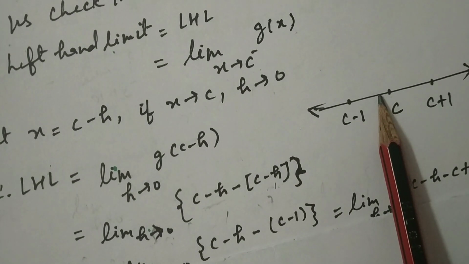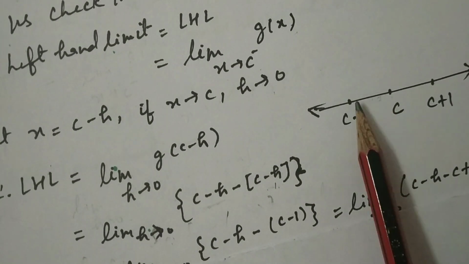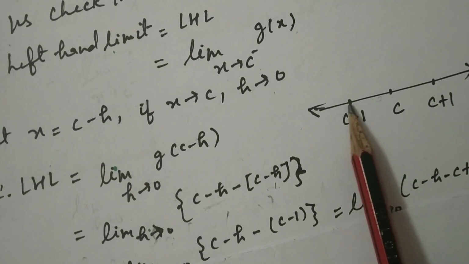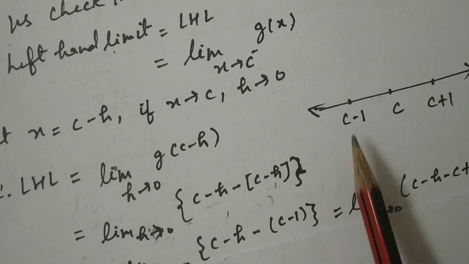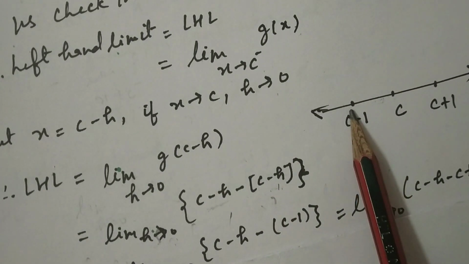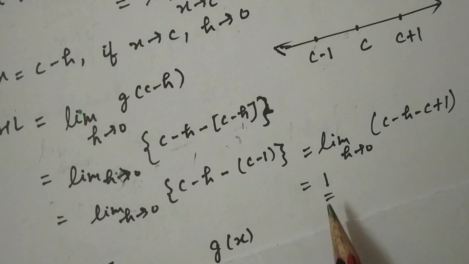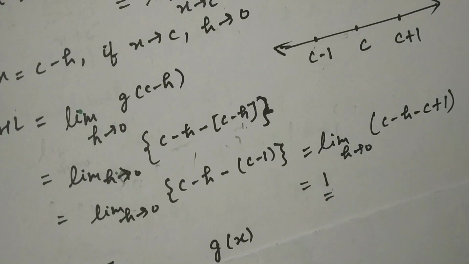And when it lies on the left side of c, when the bracket is taken out, the left side integer value is written. So when the brackets are opened, it will be written as c minus 1, as c minus 1 is the integer on the left side. So on solving this, the value comes out to be 1.